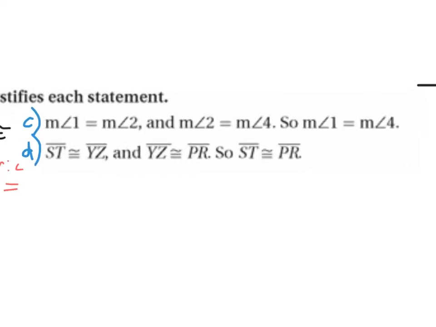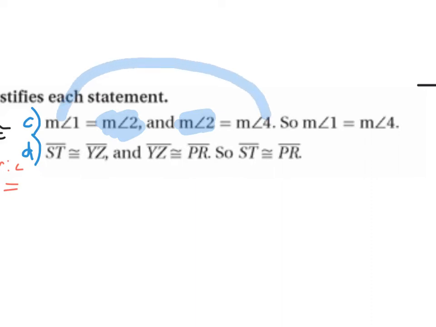Now in C, we have the measure of angle 1 is equal to the measure of angle 2, and the measure of angle 2 is equal to the measure of angle 4, so the measure of angle 1 is equal to the measure of angle 4. So we have 2 and 2, the same thing, and then we just set 1 equal to 4.